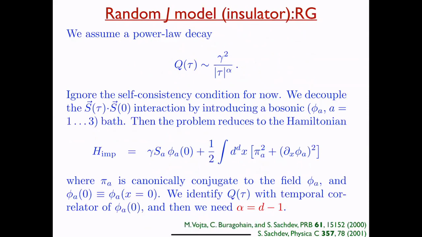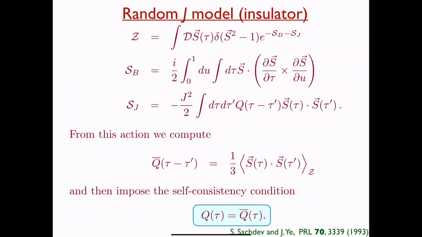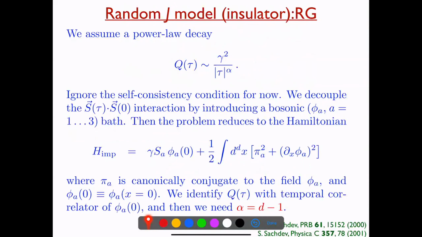And then if you go back and look at this problem, you have some power law interaction. You can think of that power law interaction as coming from some other degrees of freedom. You can do a Hubbard-Stratonovich decoupling of this term. And in fact, you can write it as what's sometimes called the Bose-Kondo problem. You have a single spin, S, coupled to some Bose field.